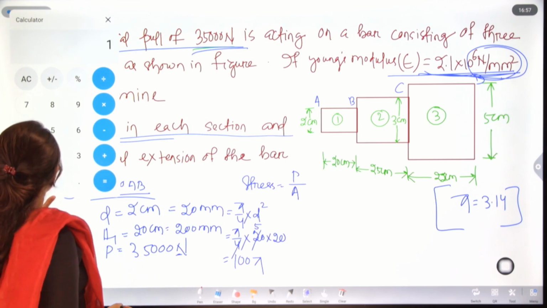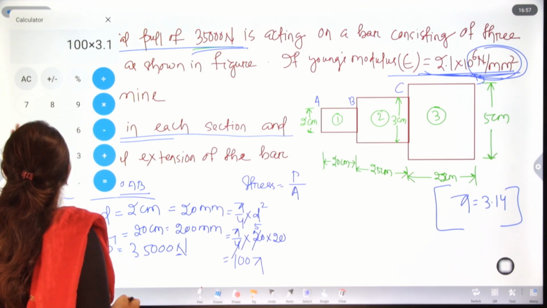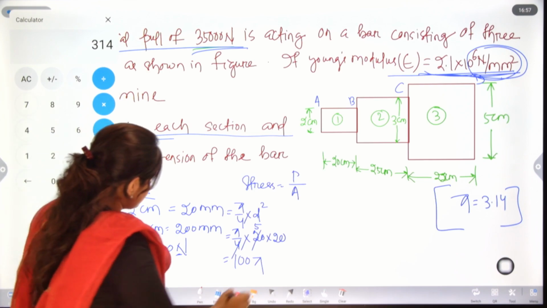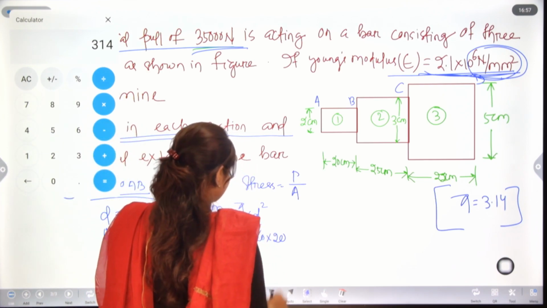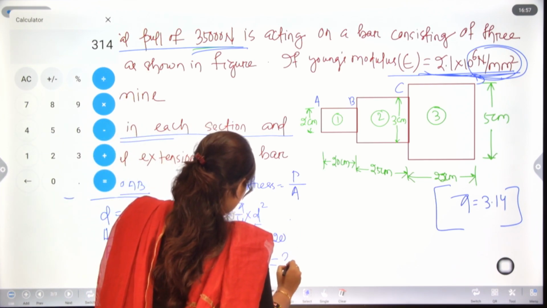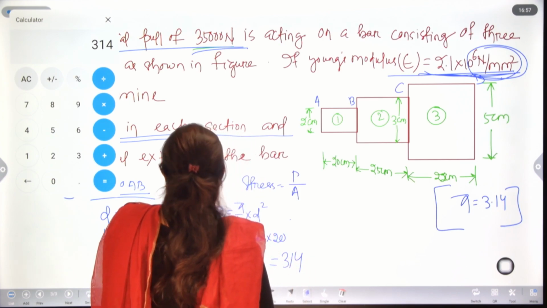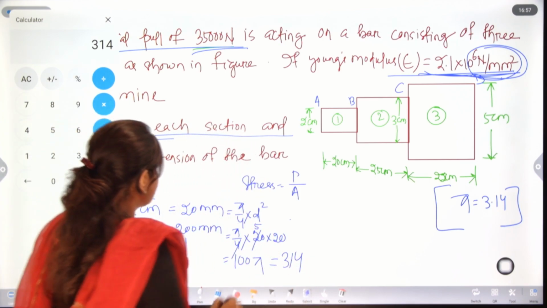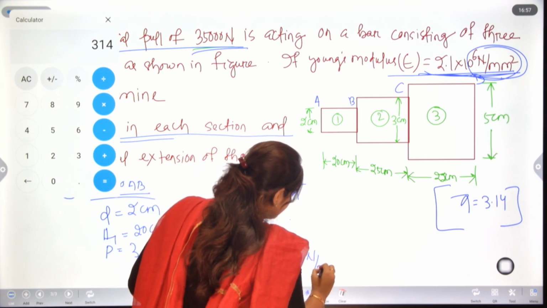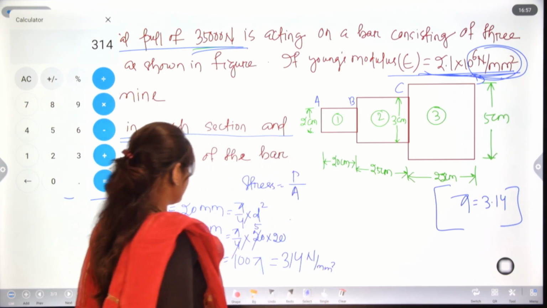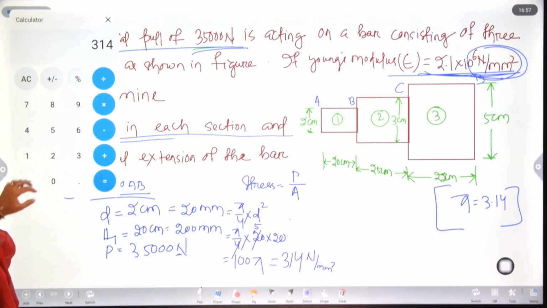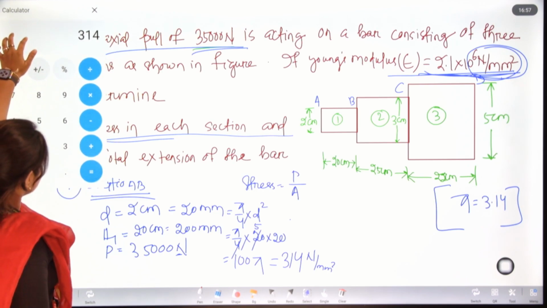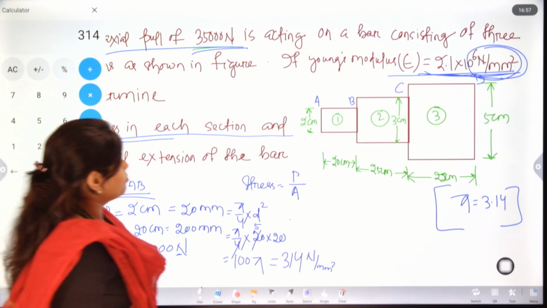So 100 into 3.14 is 314. Stress is in Newton per mm square. This is the answer for the stress value for section AB.